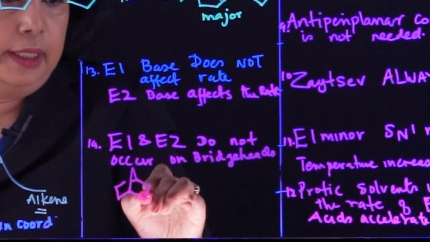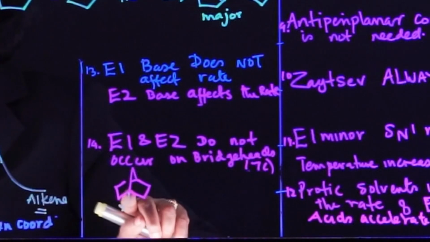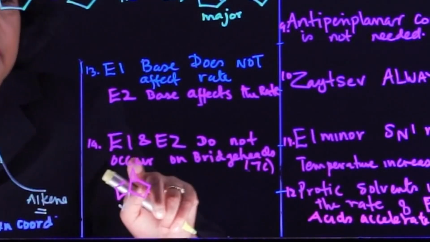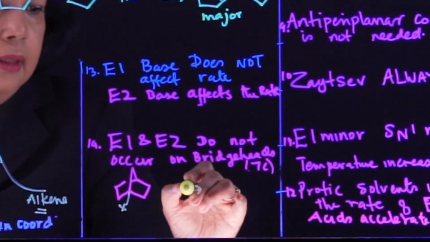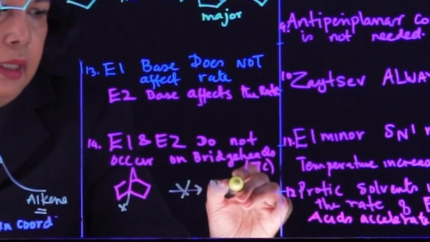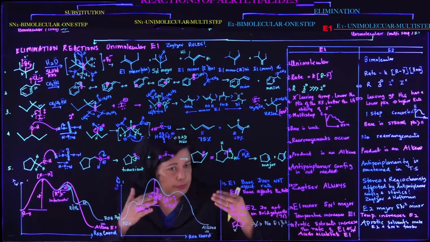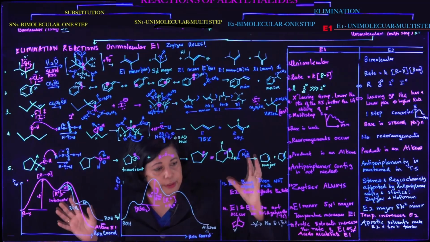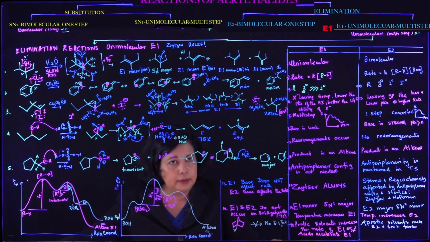So what I mean is if you have a leaving group like this, the leaving group being on the bridgehead, not here or here because those can form alkenes like this, but if it is here or here, you cannot form an alkene there. No E1, E2, because that angle is not there for it to overlap. But if this ring had been more than 7 carbons, is bigger, then it can kind of nudge its way and form a double bond over there, and the angle would be fine.